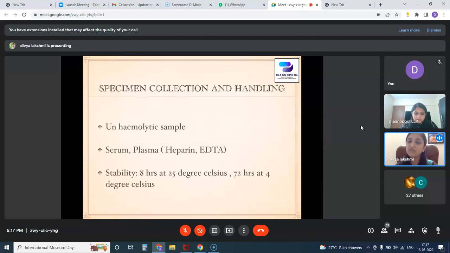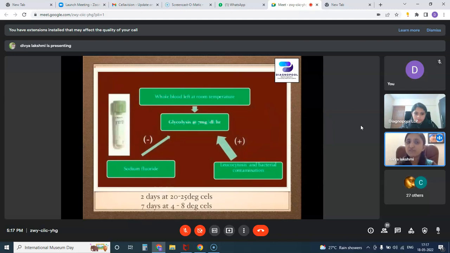If you refrigerate it at 4 degrees Celsius, you can recheck it within 72 hours. But if you are using a sodium fluoride tube, we have an added advantage: it can be kept for 2 days at room temperature and for 7 days when refrigerated between 4 to 8 degrees Celsius.